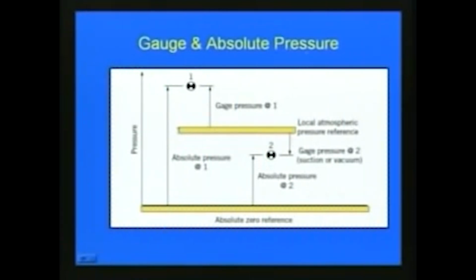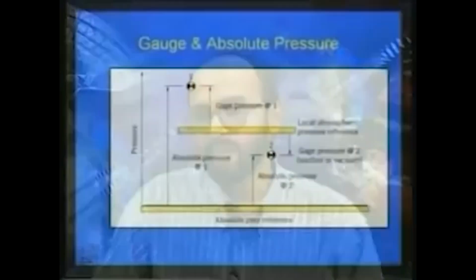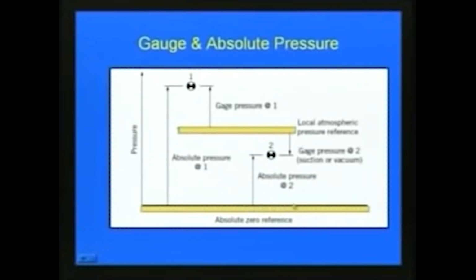Now, when we consider the various pressures like gauge pressure, absolute pressure and atmospheric pressure, let us look at this slide. As you can see, this is the absolute 0 reference as far as pressure measurement is concerned. If we consider this particular point 1, then we are measuring absolute pressure, and if this line indicates the local atmospheric pressure reference, then when we measure the pressure at this particular point with respect to that, it is called the gauge pressure.